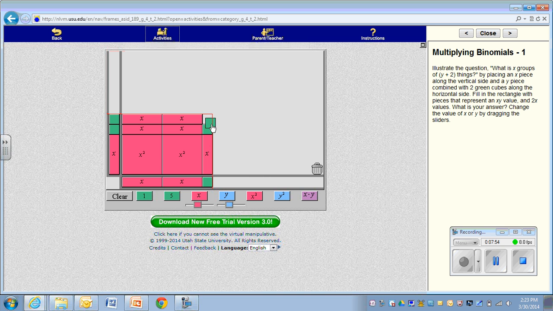And you can see my 2 ones fit perfectly. So 2x plus 1 times x plus 2 gives me 2x squared plus 5x plus 2.